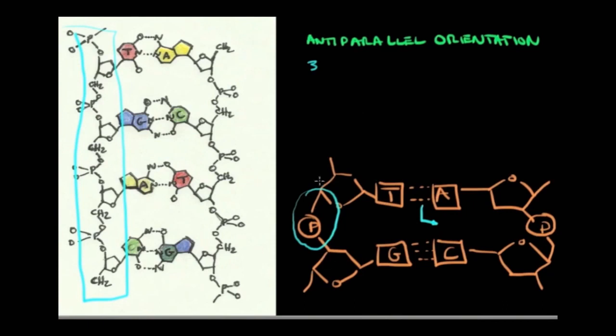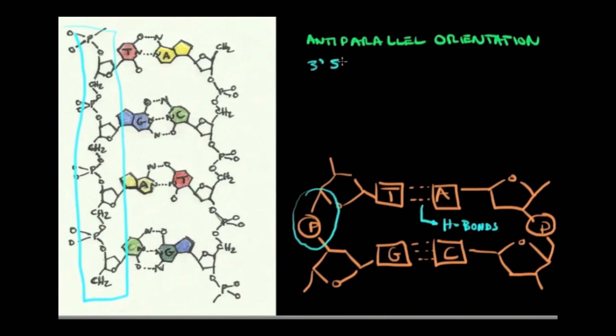Okay, so you have two types of bonds, the hydrogen bonds and the phosphodiester bonds. But looking at the sides of the ladder, I'm going to write down hydrogen bonds. You know already, but just to have a clearer idea. On the phosphodiester bonds here, you're going to see that they have different orientations.